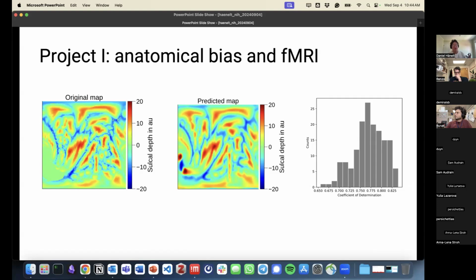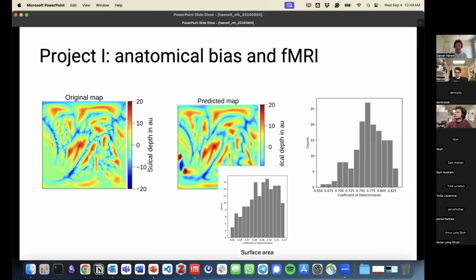There might be different reasons why we have sulcal depth information in fMRI data. For example, it could be driven, as I stated before, by the heterogeneous mesh density, because we have denser meshes deeper in the sulci.